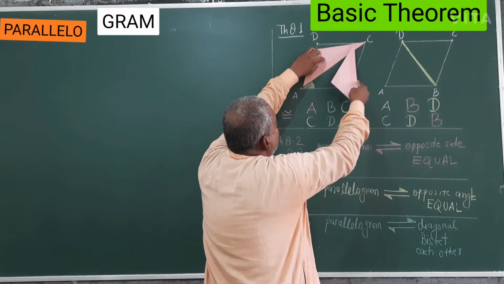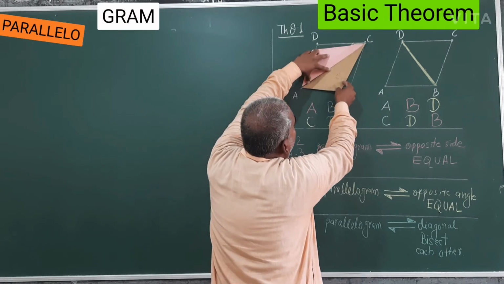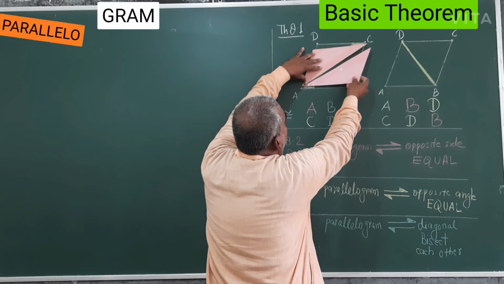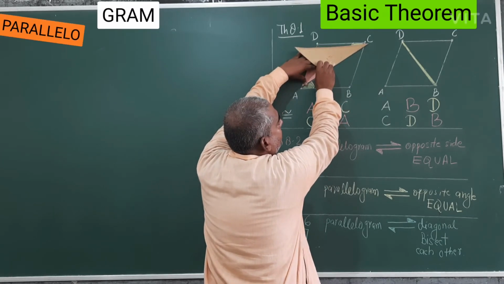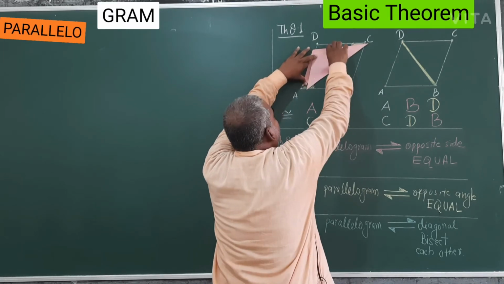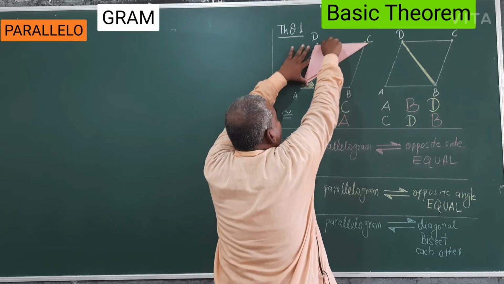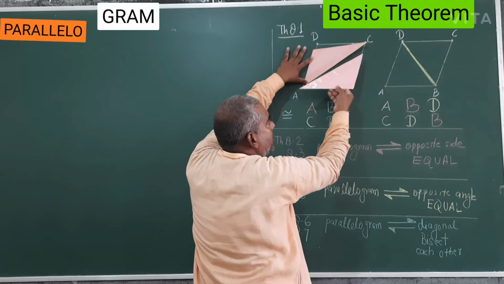But if I keep it so that it will be inverse, it will not be a parallelogram, it will be a kite. These angles are equal, but this has come here, you know, this was in this format, but it has changed.